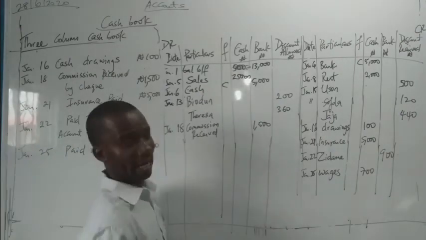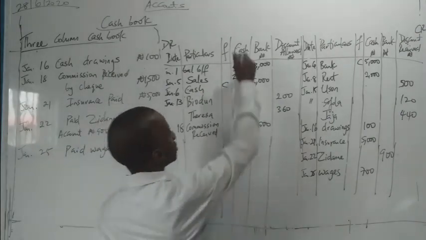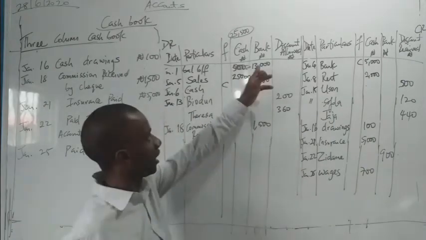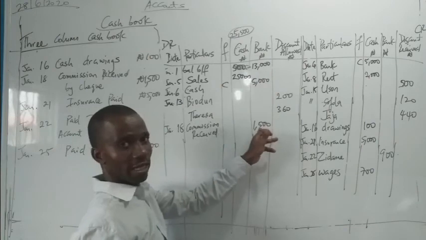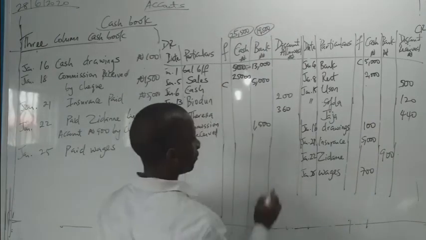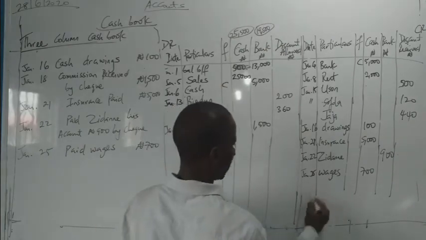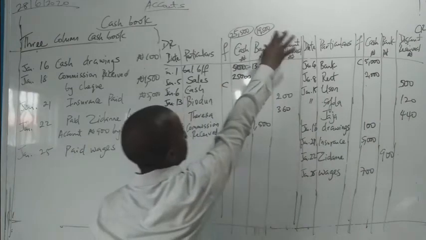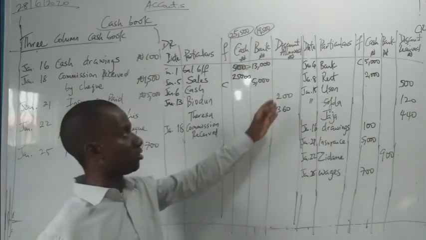On this cash account, 500 plus this to give you 25,500. Here, this is 18. 18 plus this, 19,500. Now this one doesn't require much. You don't need to start putting this. No, this is just, as I told you, memorandum.